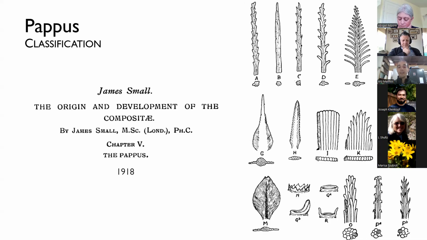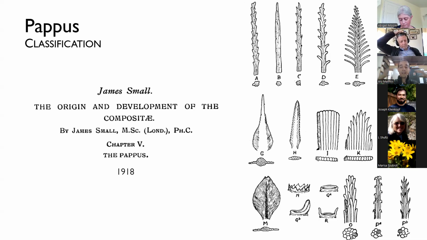So now, to give you an overview of the morphological classification of the Pappus, we can't ignore the work that James Small carried out a bit over 100 years ago, where in his series of papers about the morphology of the Compositae, he dedicated one specifically to the Pappus.